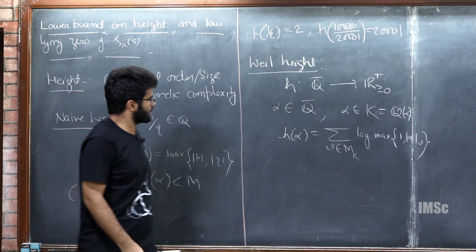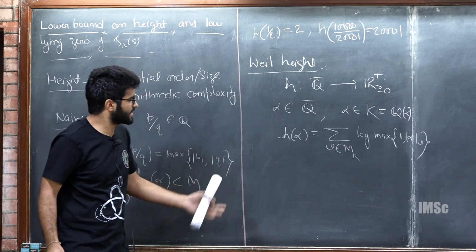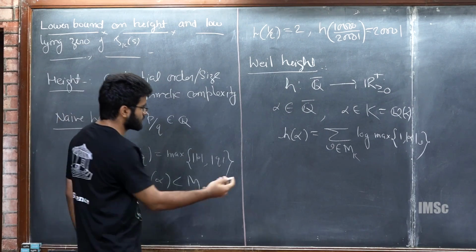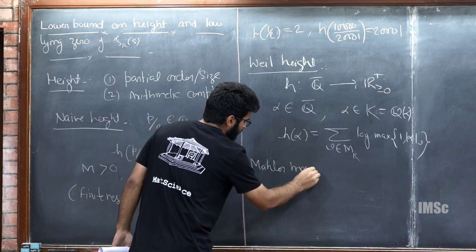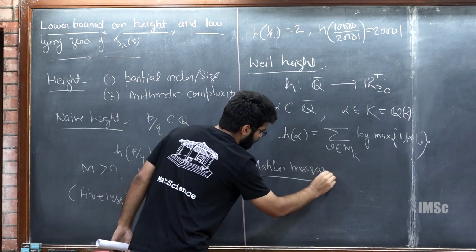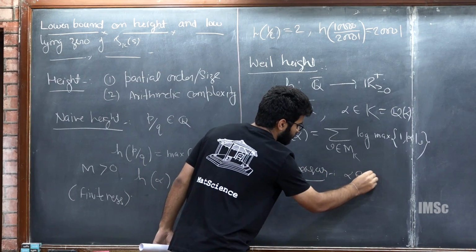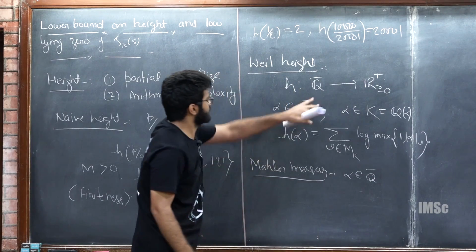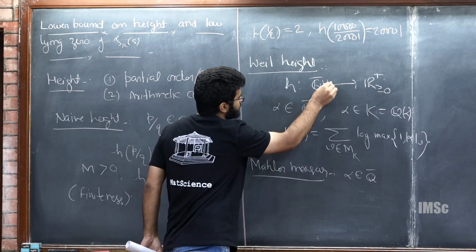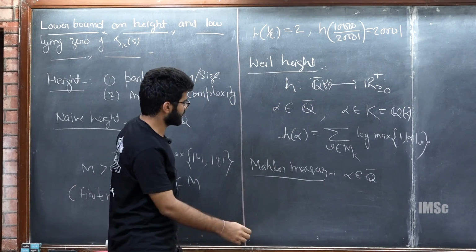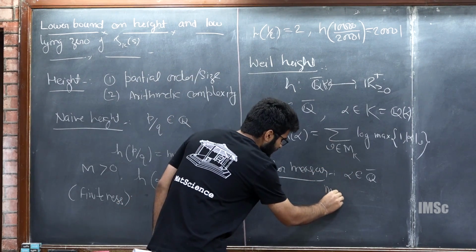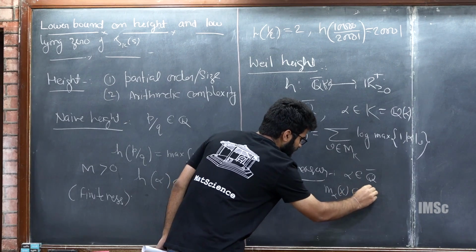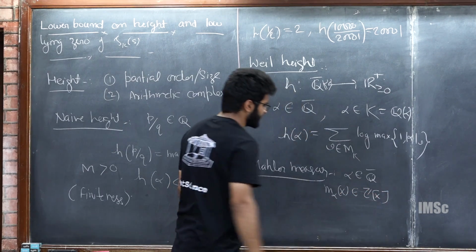Now there is an equivalent notion of height in terms of Mahler measure. Whenever I am defining height, I am always considering a non-zero number. So we pick alpha in Q bar and consider m_alpha(x) to be its minimal polynomial in Z[x].